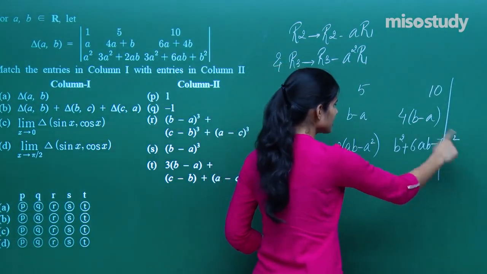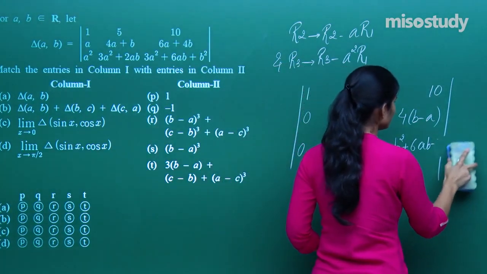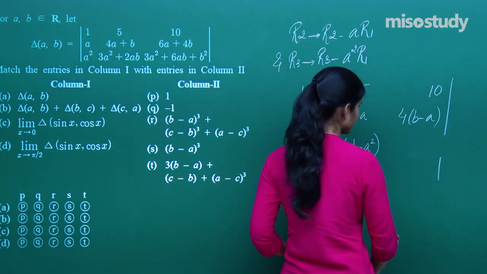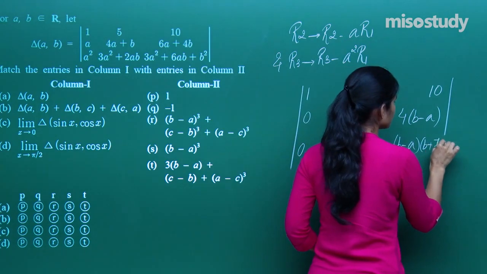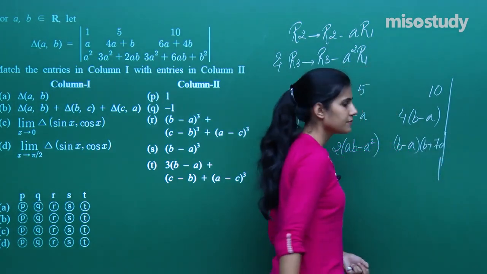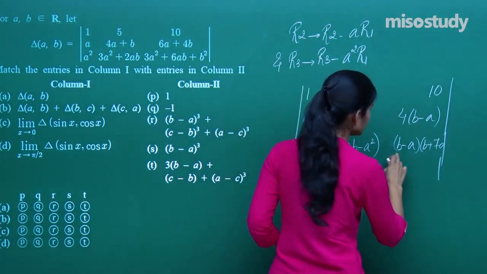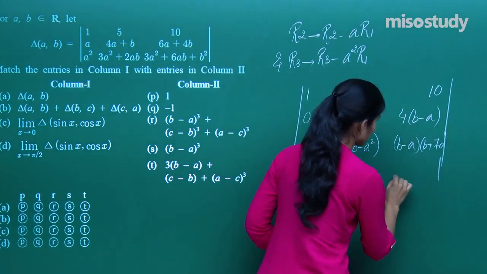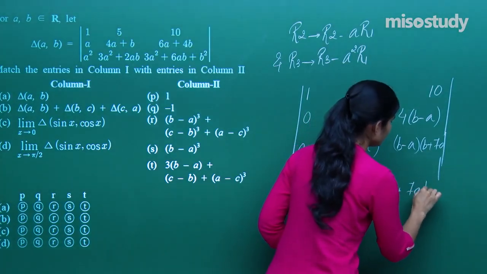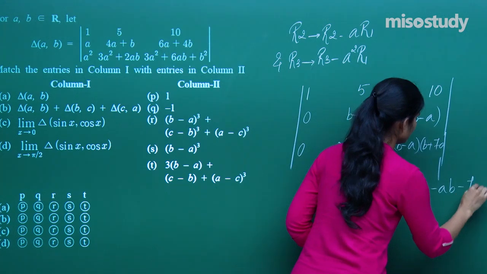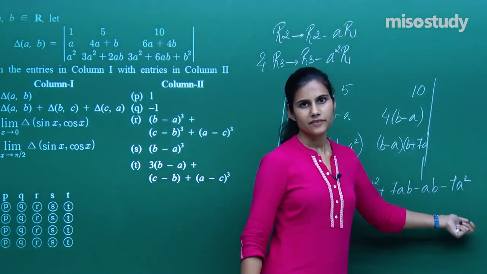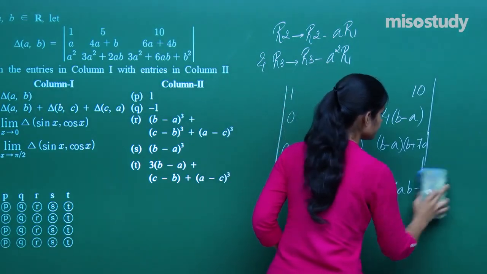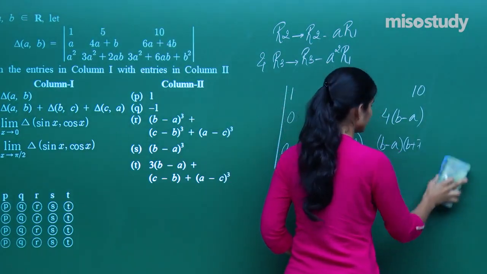In fact, this complete expression can be boiled down to b minus a, b plus 7a. You can just see this is b square plus 7ab minus ab minus 7a square. So, b square plus 6ab minus 7a square. Same thing. I just broke the middle term, nothing else.